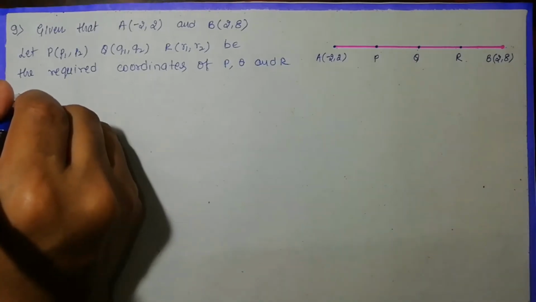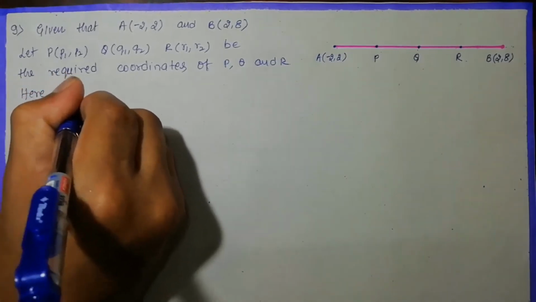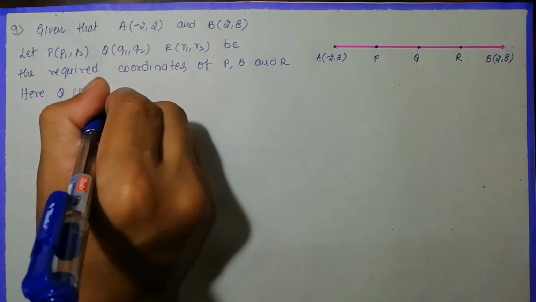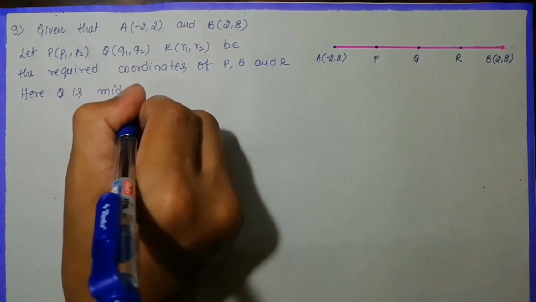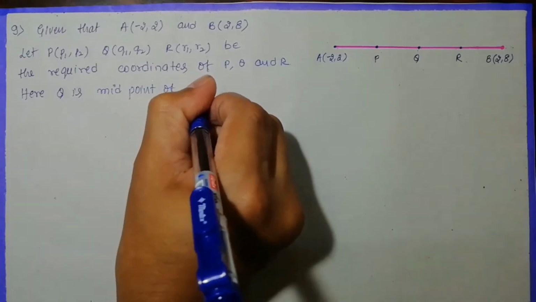Now here you can write: Q is the midpoint of AB. Okay, it is very clear.